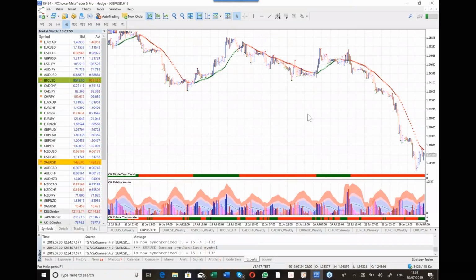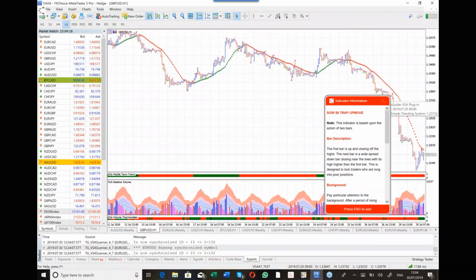Now, if we look at what happened from here to here and to here, the software, which is designed to measure trend, as well as measuring unusual volume, which we saw here, we can see the big volume here on these bars, and then over here, this is where the catalyst for the down move, this is the support level, that is a secondary support level, and it got taken out and massively trapped here. This is a trap up move. It's one of the strongest signals in the VSA system, but it's much more valid when it takes out previous support levels, which we've got here and here.